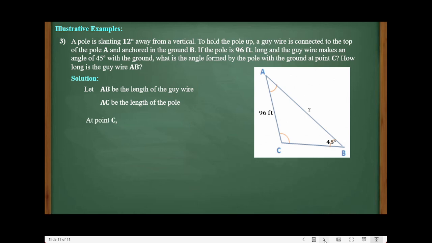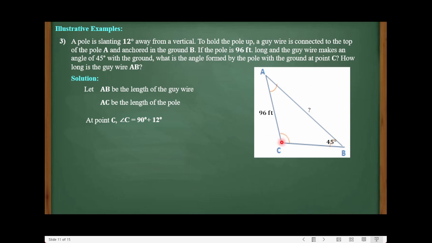So at point C, we know that before this pole tilted 12 degrees with the vertical, it was originally standing vertically. But since the pole is slanted 12 degrees away from the vertical, we need to find the measure of this angle.